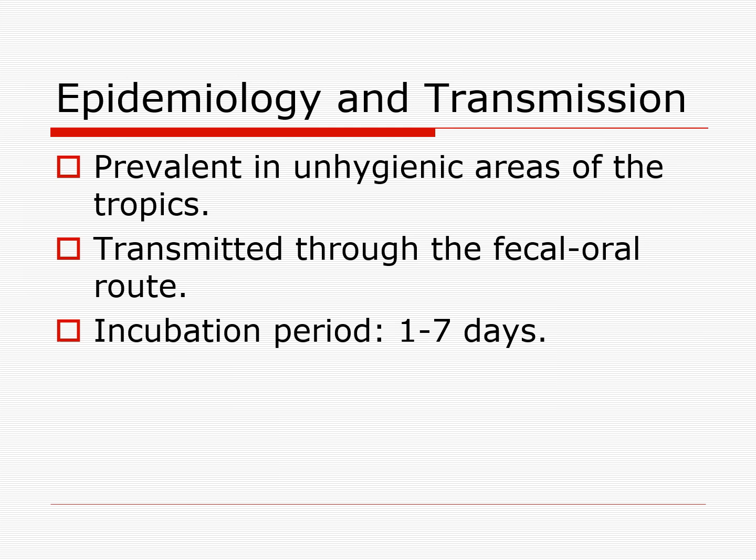The route of transmission of Shigella is the fecal-oral route. The bacilli are excreted in feces and then spread to humans through poor sanitation, bad hygiene, and contaminated food and water. Flies also frequently cause contamination of food and are a prevalent mode of spread of dysentery. The incubation period of Shigella is 1 to 7 days.